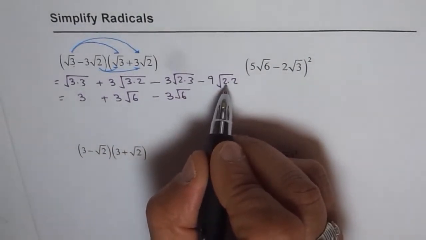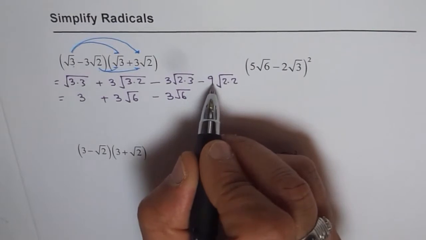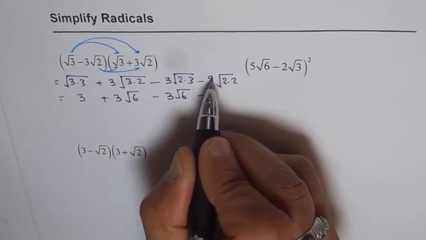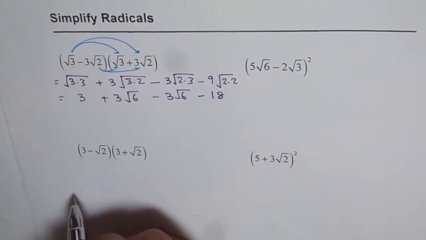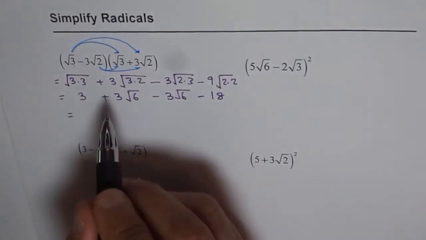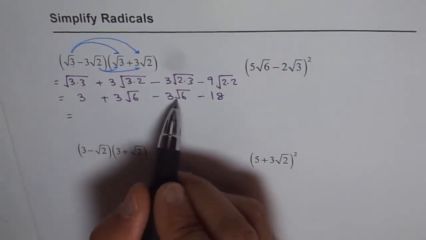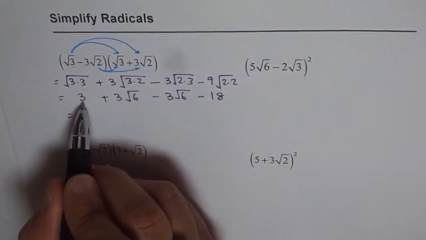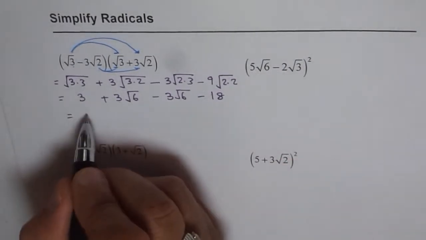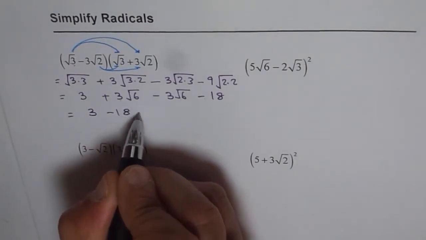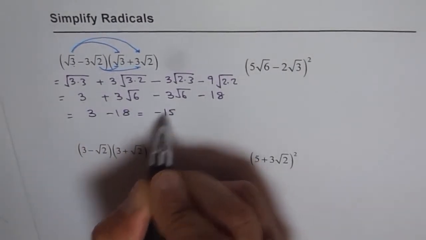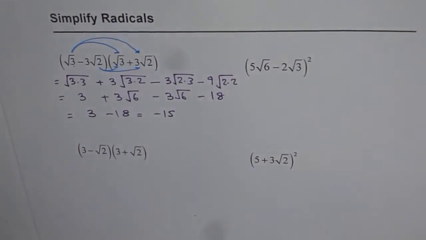Here inside the square root, we have 2 times 9, which is 18, and we can take one factor out, so we get 18 here. Now as you can see, plus 3 square root 6 minus 3 square root 6 becomes 0. So we're left with 3 minus 18, which gives us minus 15. So that is how we get our answer.